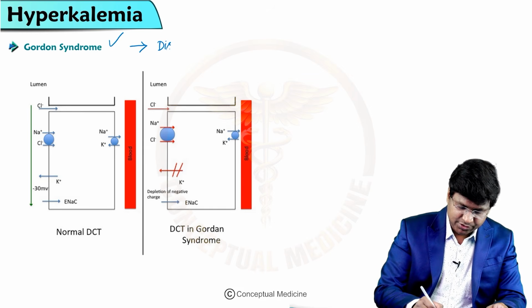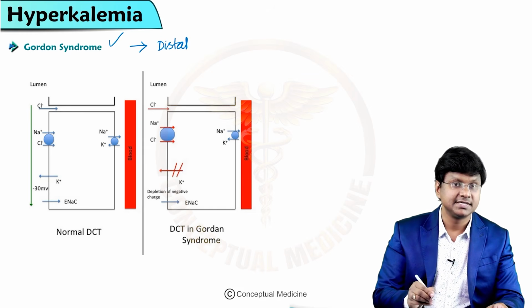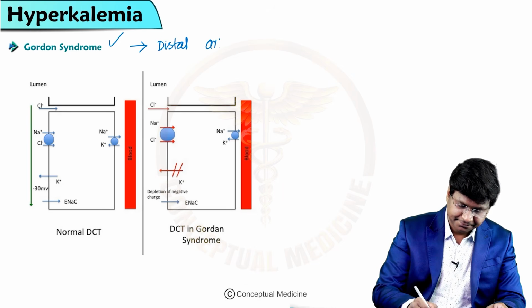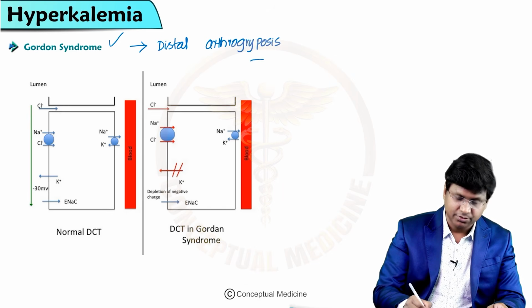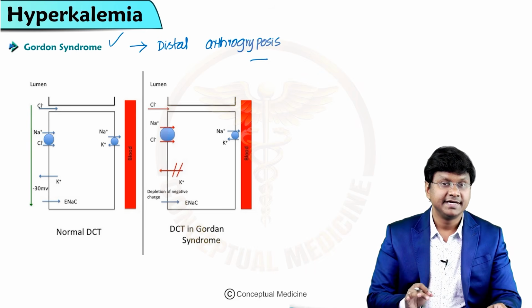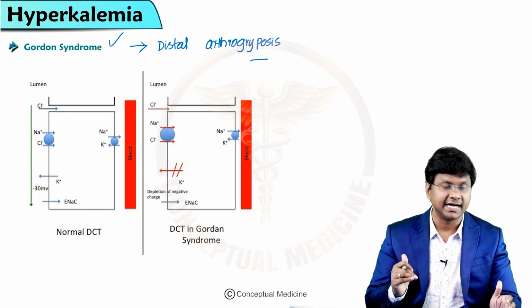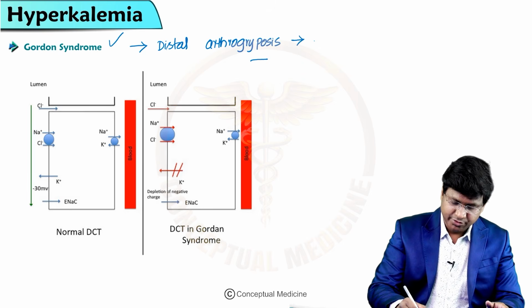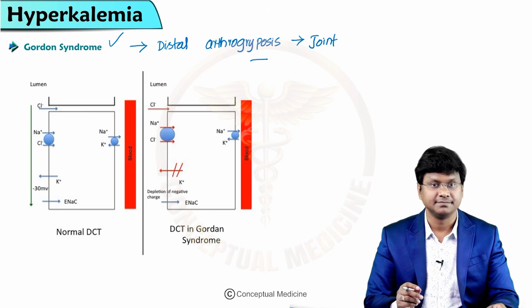So there will be distal arthrogryposis. There will be difficulty in the movement of joints of the upper as well as the lower limb, so there is joint abnormality of the upper and lower limb.